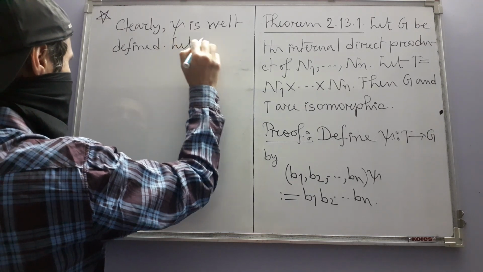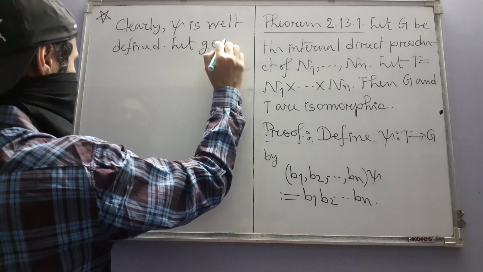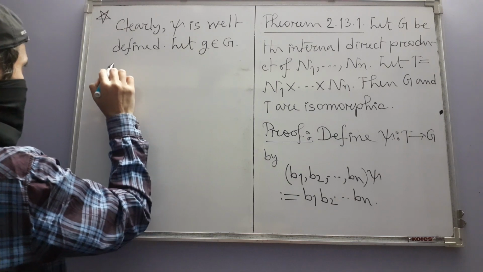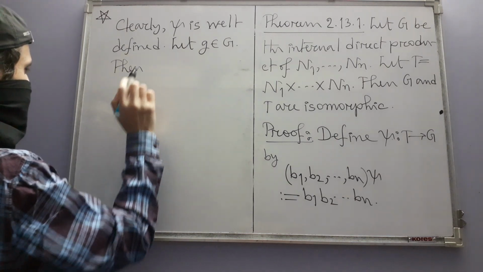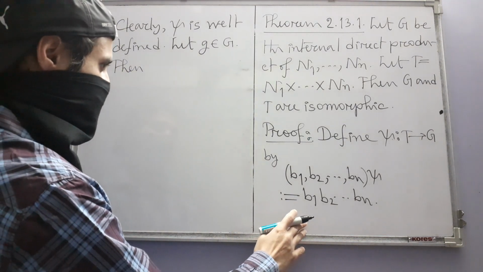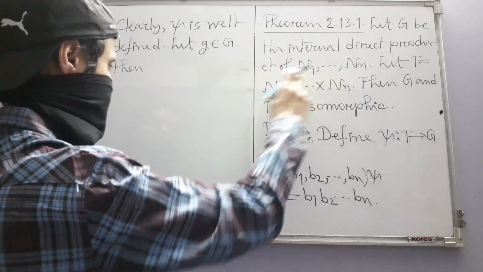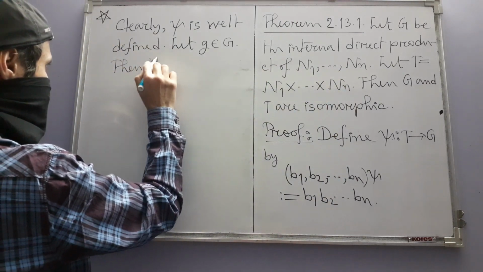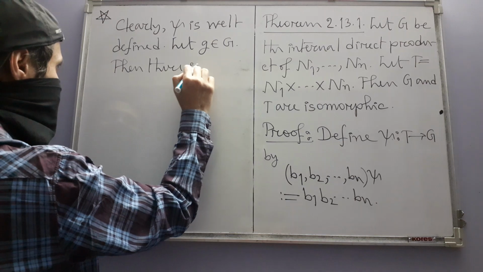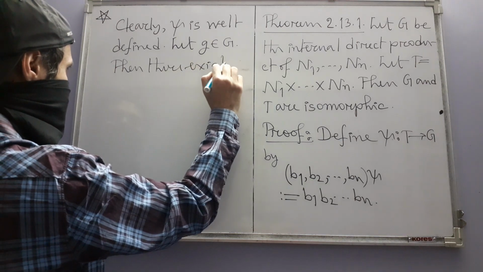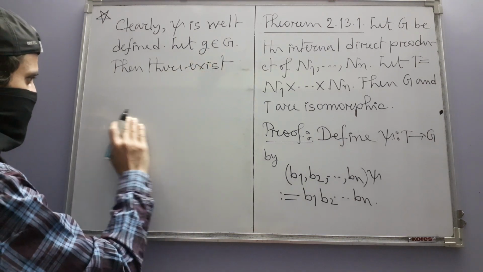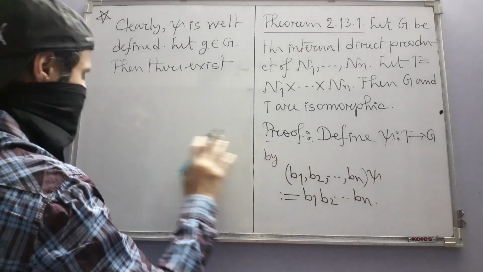Let g be any element in G. Since we know that G is the internal direct product of these groups, g is a product of such elements.